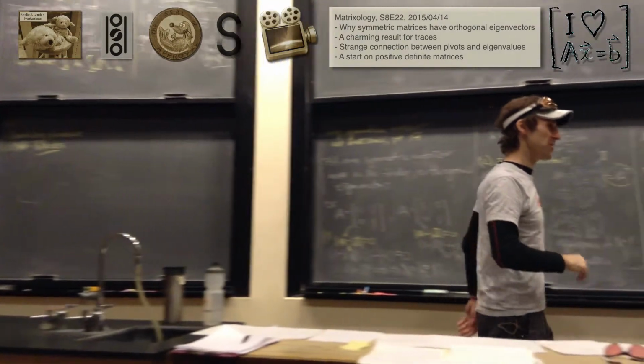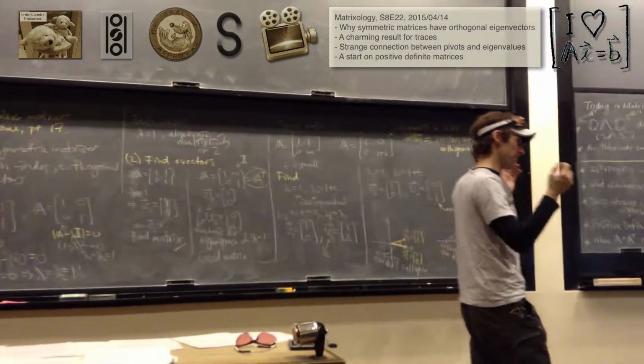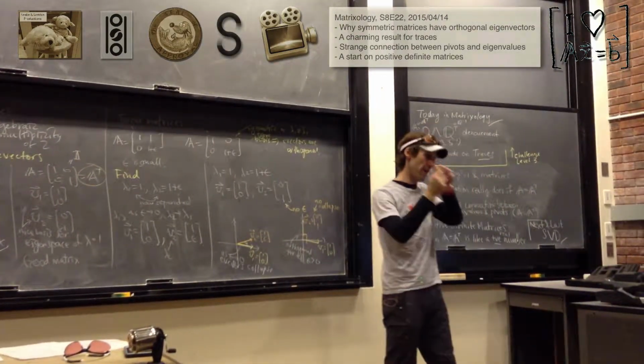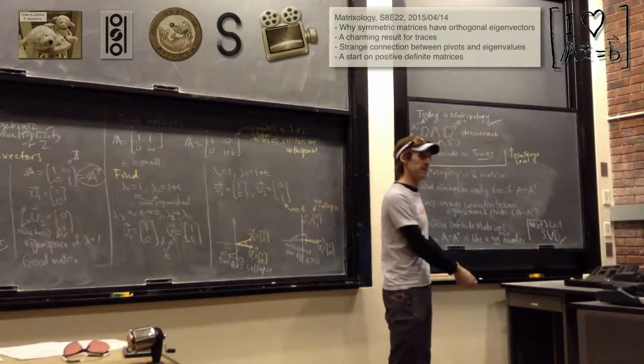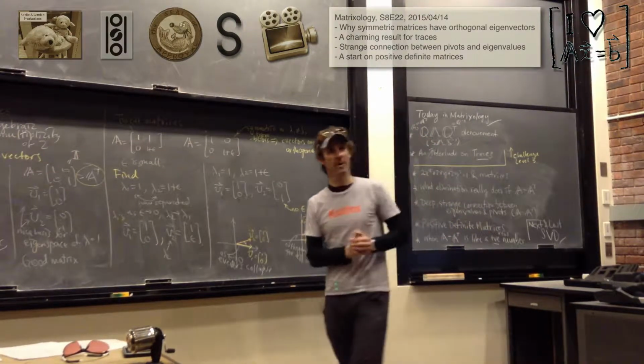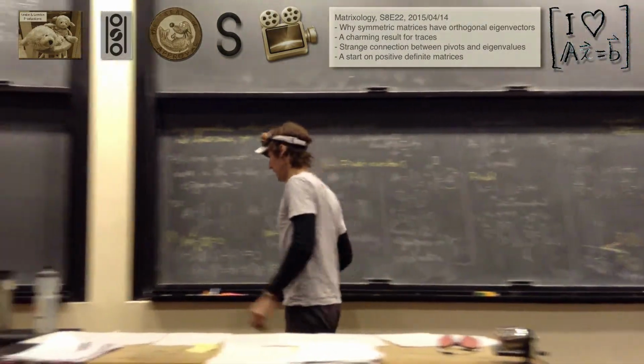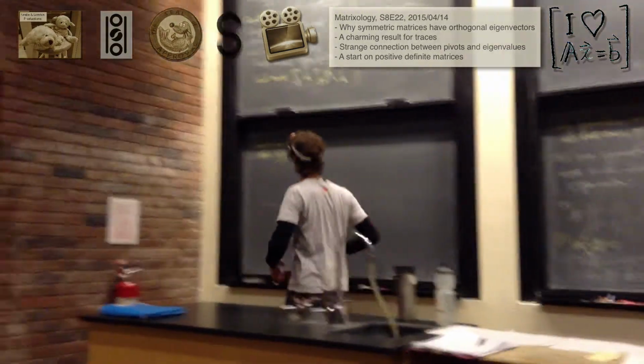Traces are these strange things where, for square matrices, we sum up the numbers on the leading diagonal. Odd thing to do. But it turns out that it appears a lot in many calculations.